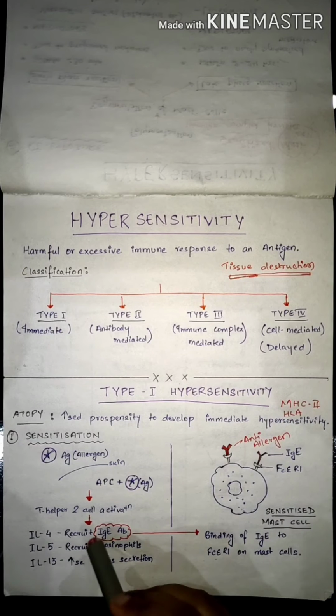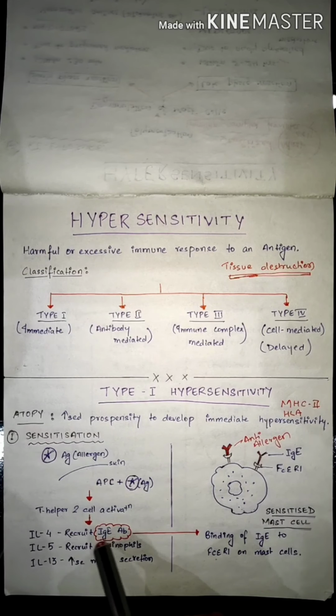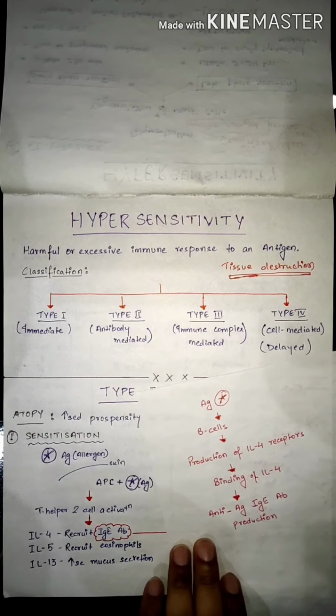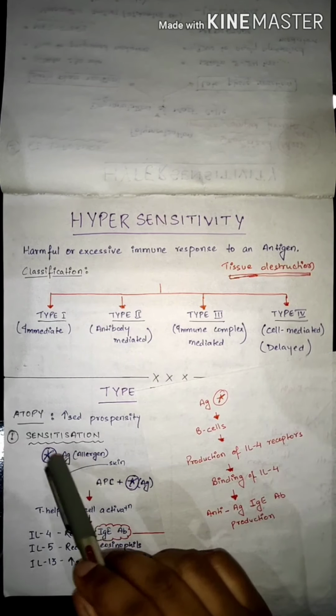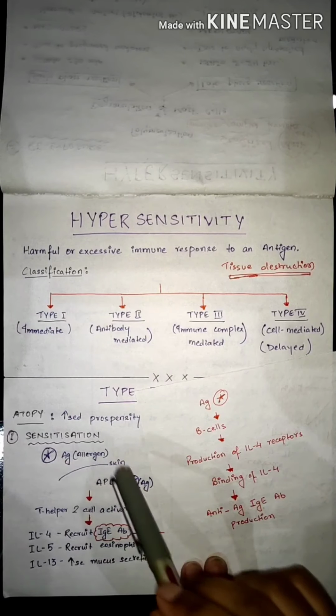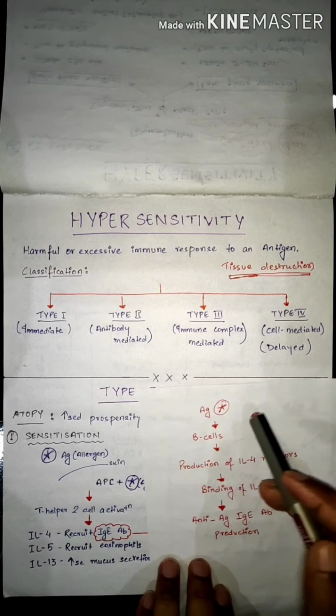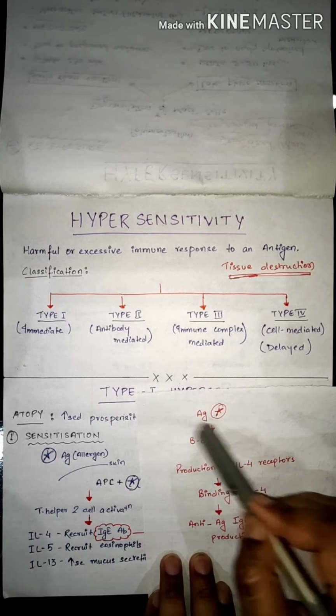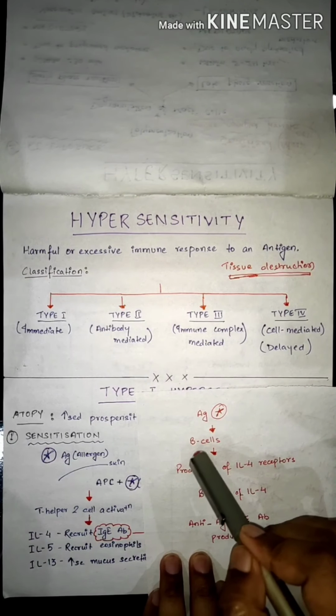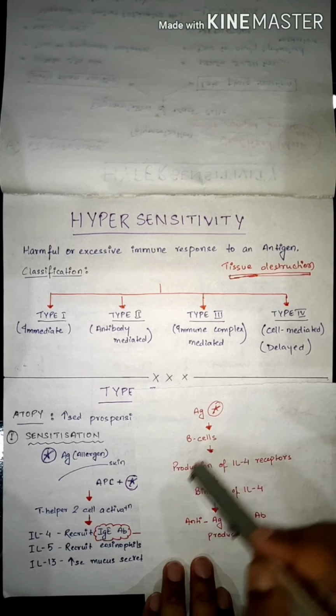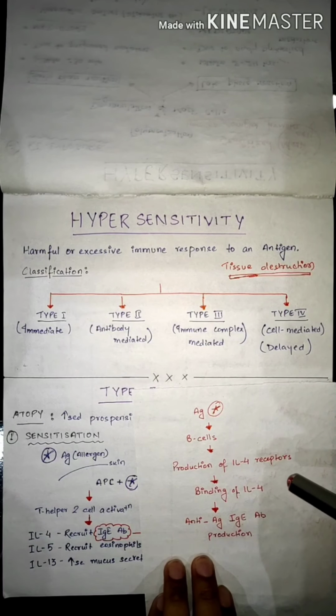So let's see in detail how this recruitment of IgE antibodies takes place. When an allergen or antigen enters our body, it not only goes to antigen presenting cell, but it also goes to B cells. Now, when this antigen presents itself to B cell, it leads to production of interleukin 4 receptors.